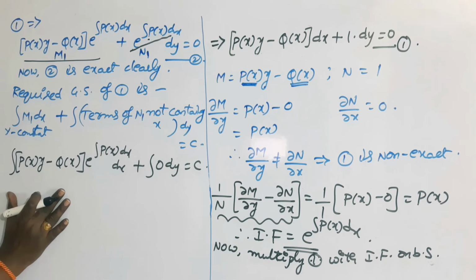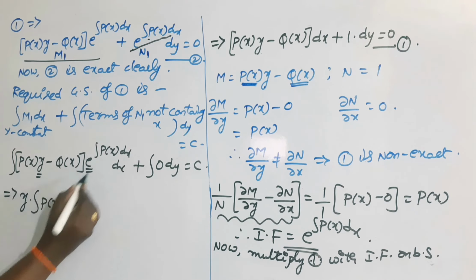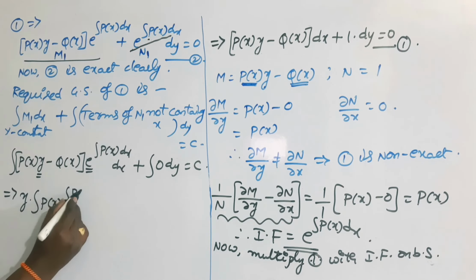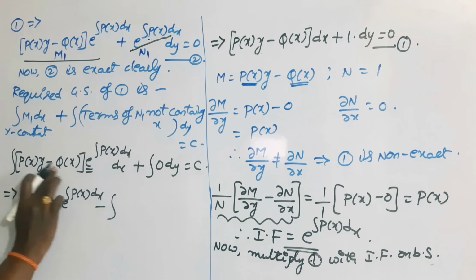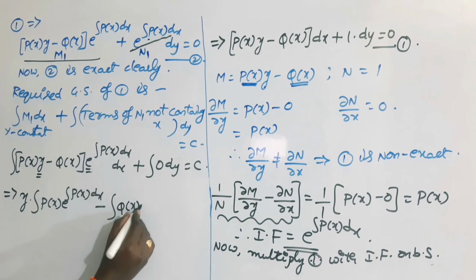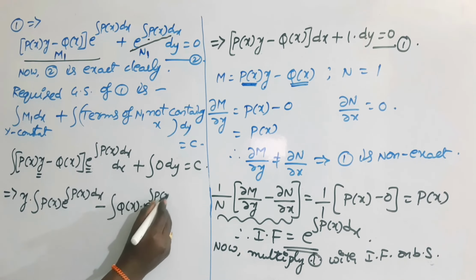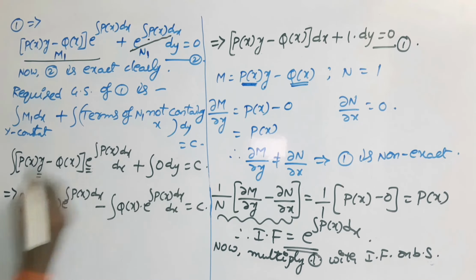Now separate the integrations. So you will get y, the constant, outside of the integration: y times integral p of x into e power integral p of x dx, minus integral q of x into e power integral p of x dx, is equal to c.